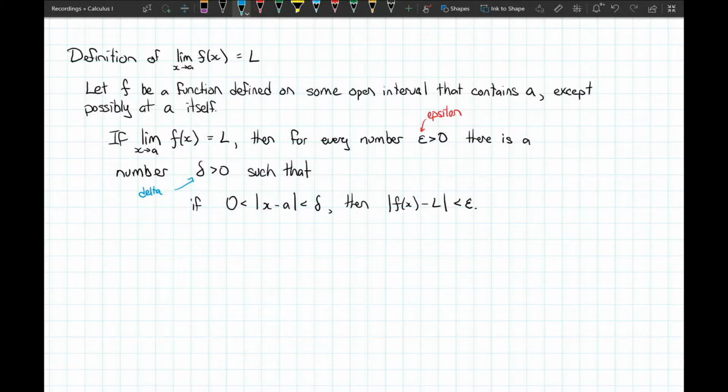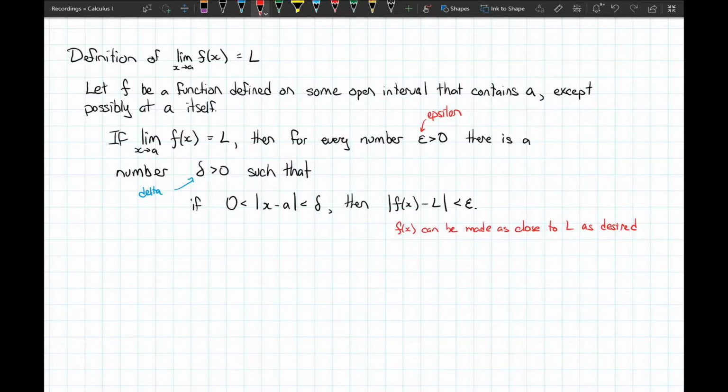If you remember, in terms of just putting this into words, we can say that f of x can be made as close to L as desired, and that is this part right here. When we say we can make it as close to L as desired, we're just saying that the distance can be made less than epsilon.